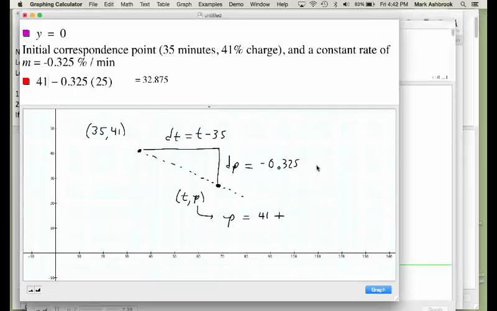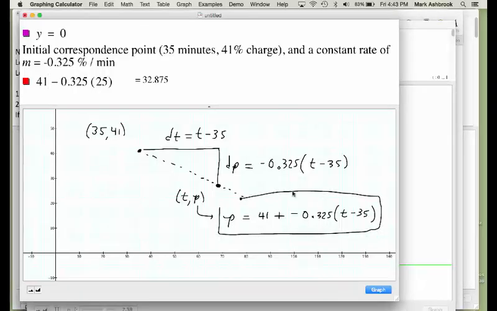I didn't write what the change in t was, so negative 0.325 dt, which is t minus 35. So we have 41 plus negative 0.325 times t minus 35. And so this represents all correspondence points of time since class started and percent charge of the battery.